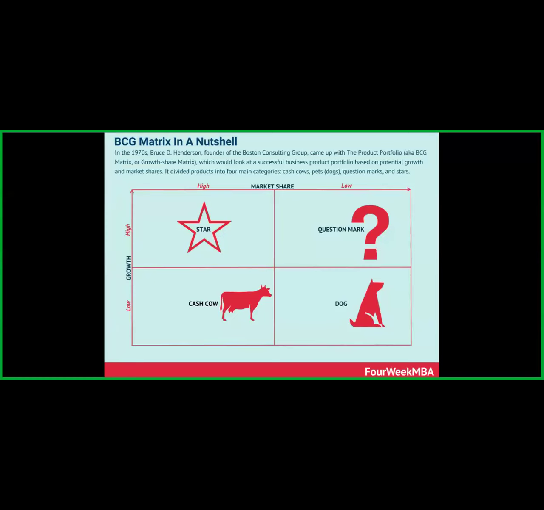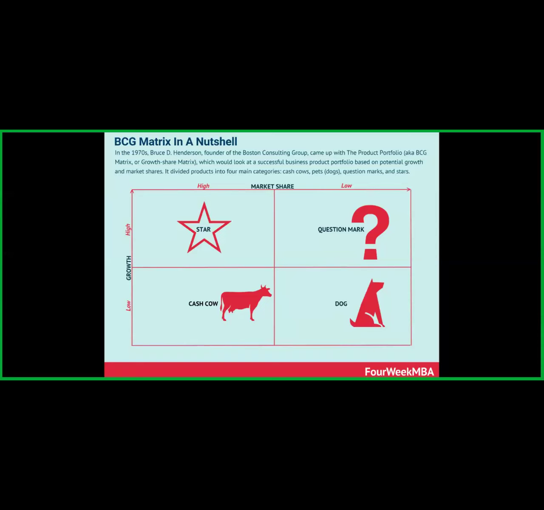Four quadrants you are seeing here. The first one is star, the other one is cash cow, then question mark, and then dog. So this is a particular BCG metric. It is related to the growth of the business, how much growth there is in a particular sector, in a particular company.